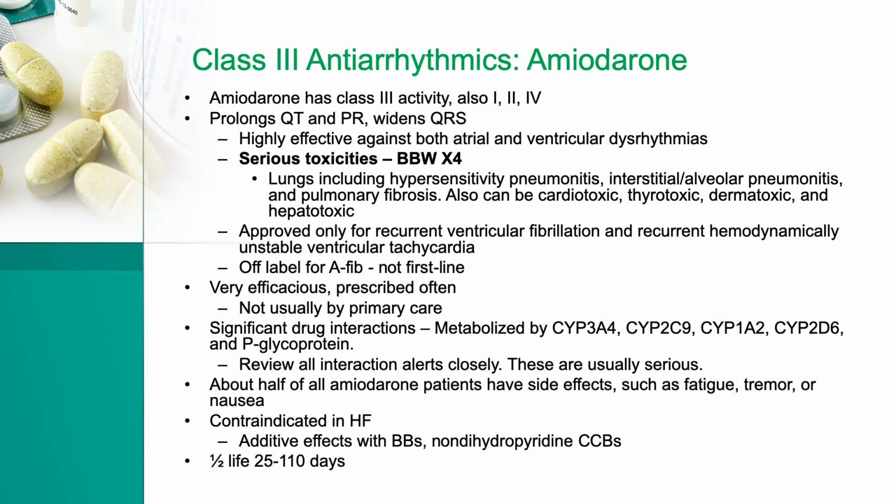Amiodarone is more complex. It has Class 3 activity, but it mostly acts via mechanisms like Class 1, 2, and 4, so it's got like everything. But serious toxicities can occur in the lungs, including hypersensitivity pneumonitis, interstitial and alveolar pneumonitis, and pulmonary fibrosis, and that can be lethal.